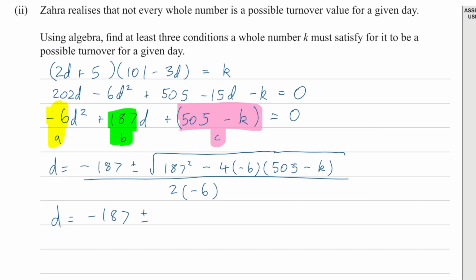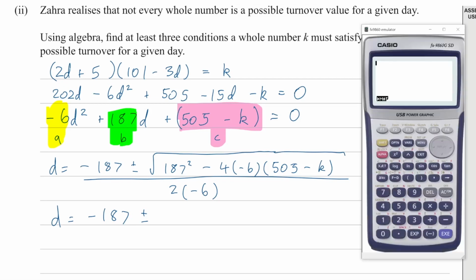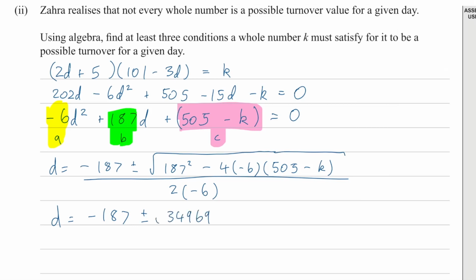187 squared, what is that? 34969. And here we have minus 4 times minus 6, which is positive 24.